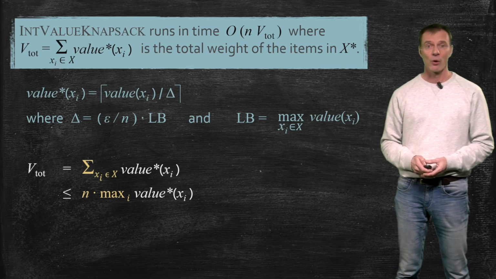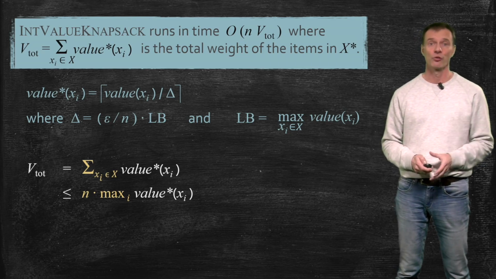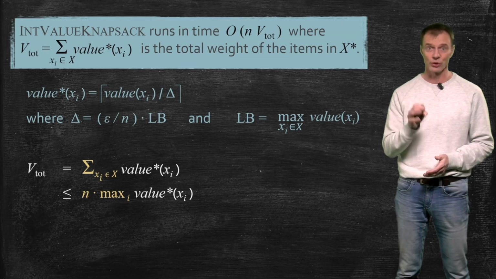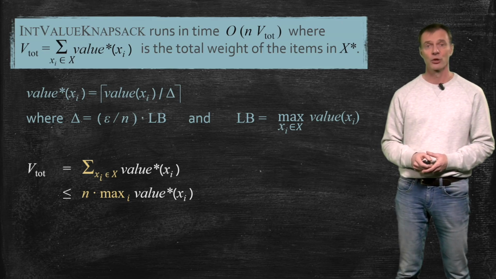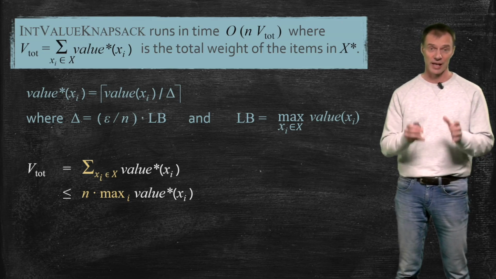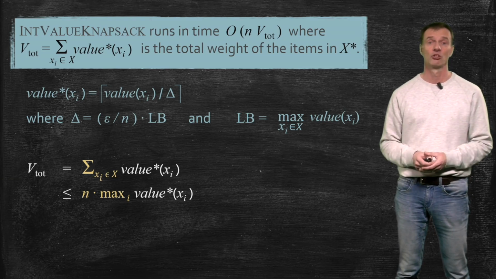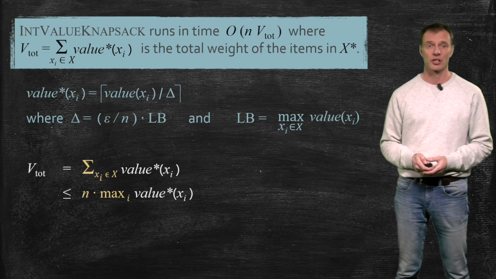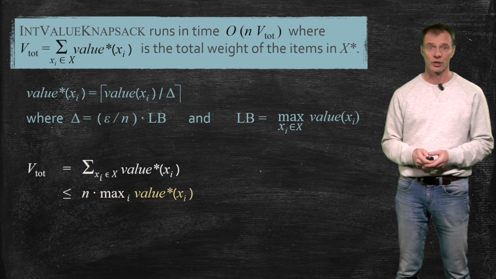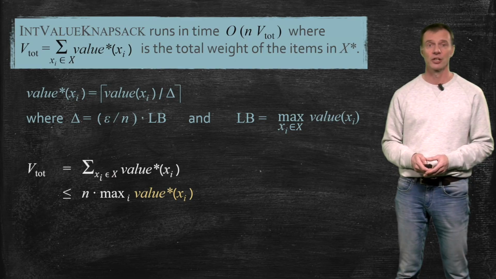Instead of taking the sum over all the items of their real value star, I'm simply going to say that this is bounded by n, the number of items, times the maximum value star that any such item can have. So now we're interested in the maximum value star of any of our items.